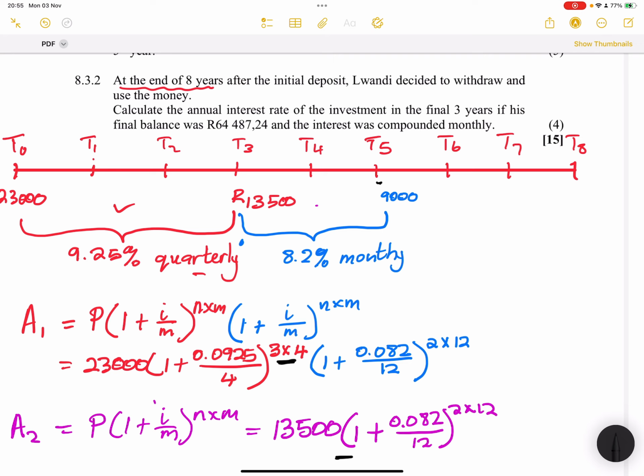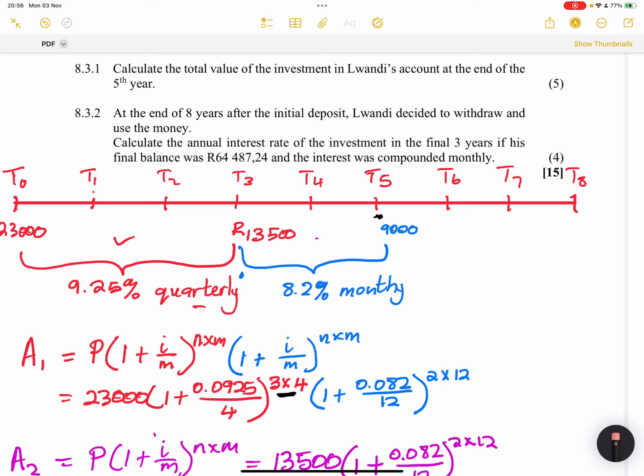They say, at the end of 8 years after the initial deposit, Lwandi decided to withdraw and use the money.